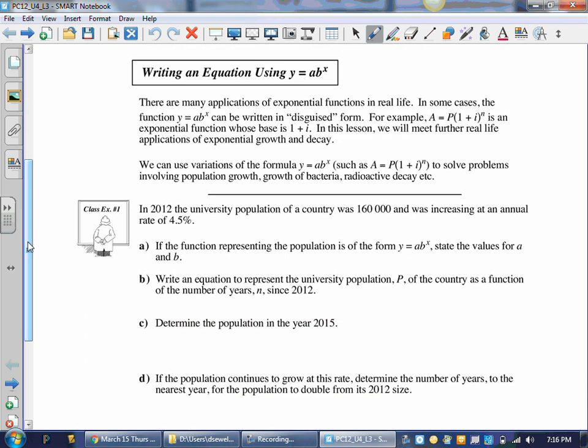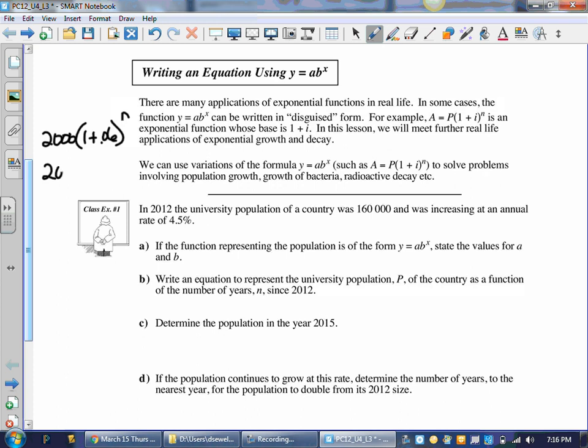It says there are many applications of exponential functions in real life. In some cases, the function y equals ab to the x can be written in disguised form. For example, A equals P times 1 plus i to the n is an exponential function whose base is that 1 plus i. Yesterday, when we had the example of $2,000 being invested at 6% interest, we went 1 plus 0.06 to the n.